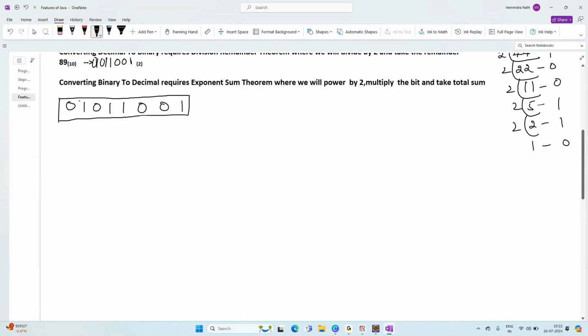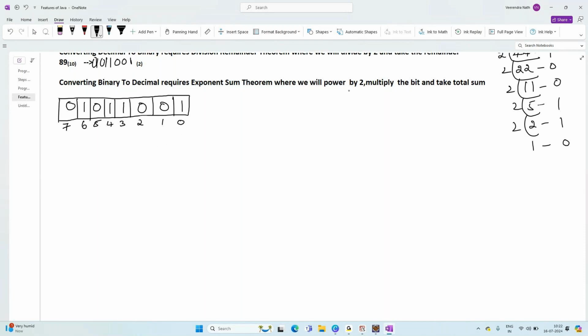This is 8 bits. How are they placed? 0, 1, 2, 3, 4, 5, 6 and 7. The positions are 0 to 7. Is it clear up to now?